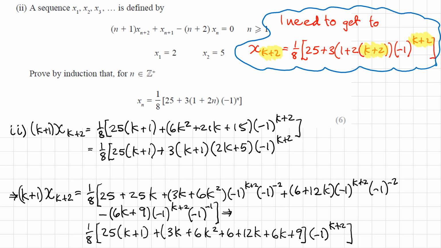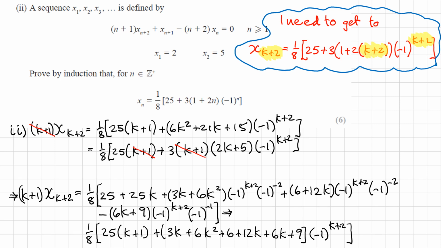Now, because we've got the k plus 1 on the other side, and now we've got it here, they're all going to cancel out. And this 2k plus 5 is the same as 2k plus 2. So you expand that, you get 2k plus 4. Plus the 1 makes the 2k plus 5.